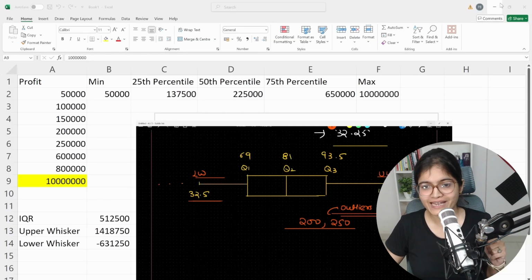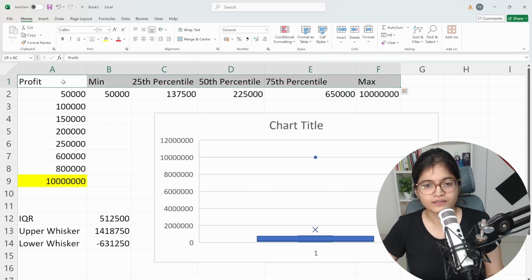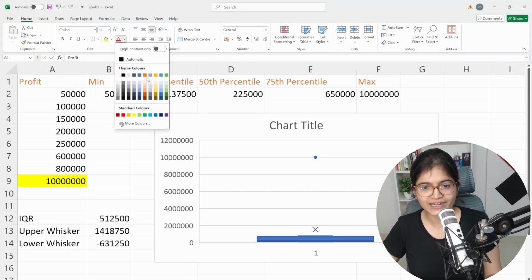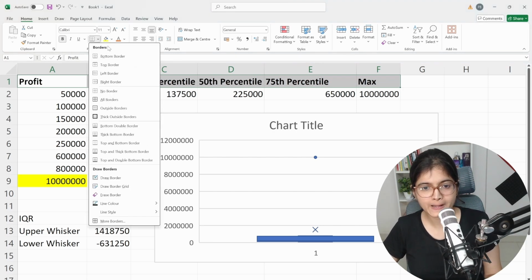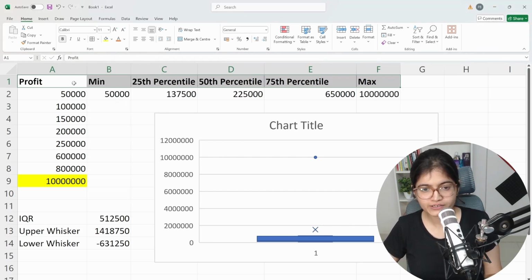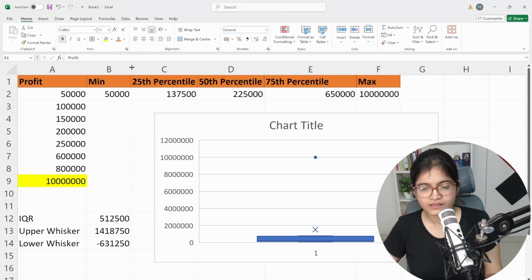At the very end, I took these specific values, created bold and all borders, and highlighted them with different colors. This is the major analysis that we have done.